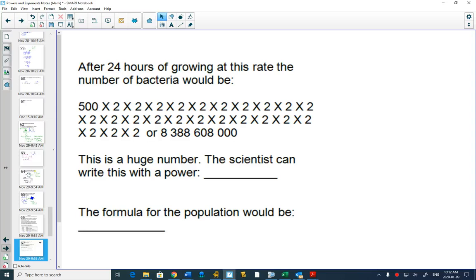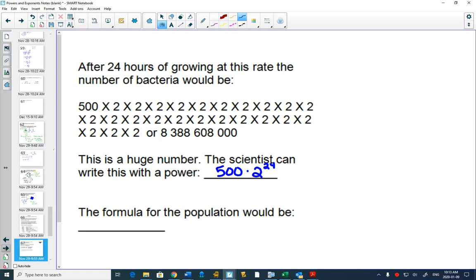How many times 2s do I have after 24 hours? 24 of them. Can you see that this would be a lot easier to write if I wrote it as 500 times 2 with the exponent 24, instead of having to write out all of those 2s every single time.